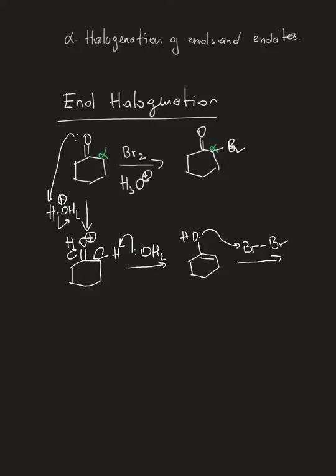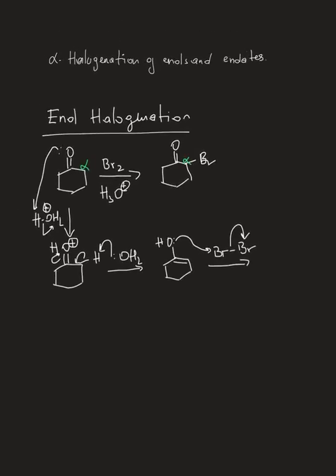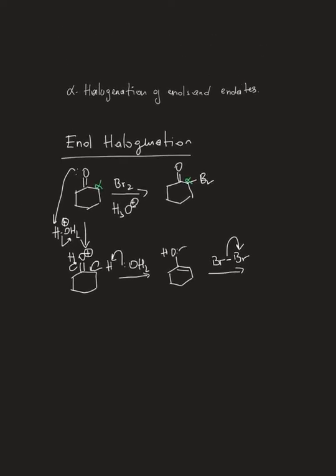So it simply attacks this electrophile and kicks out a Br minus, and it will give us this initial intermediate, which will look like this.